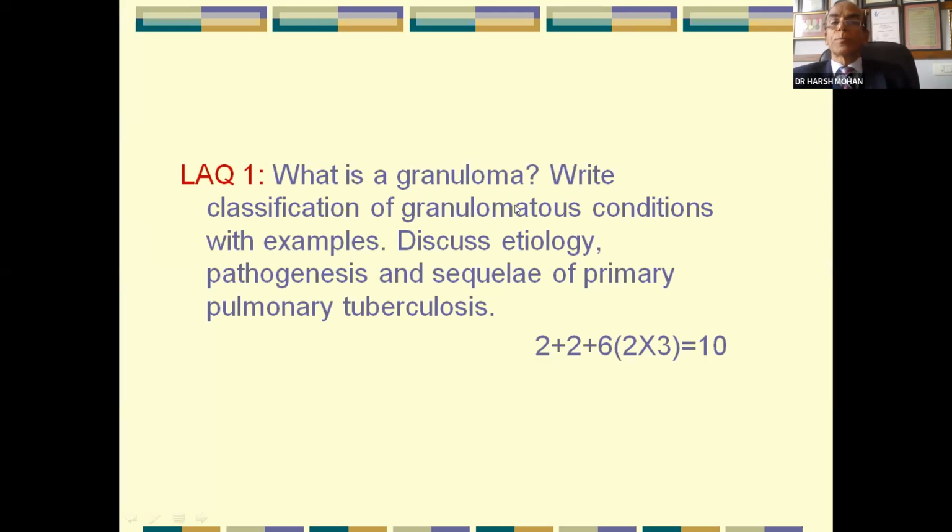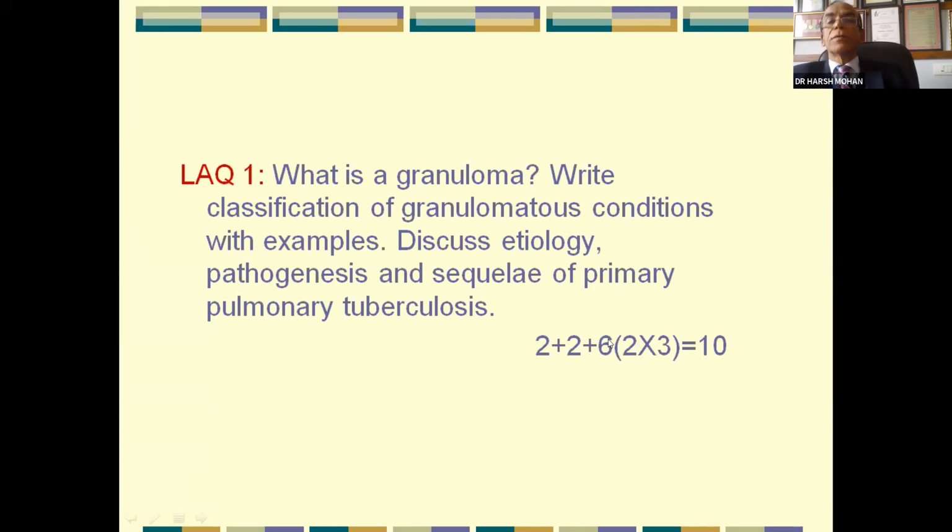So therefore, groups with their examples carries 2 marks. And then discuss etiology, pathogenesis, and sequelae are 3 components in it. Each of them carries 2 marks. So 2 into 3 makes it 6 marks.